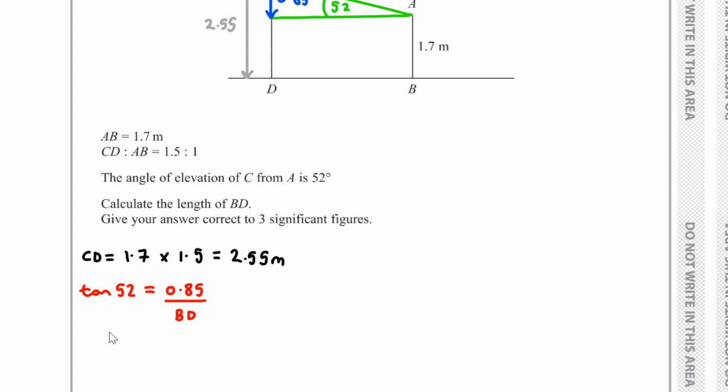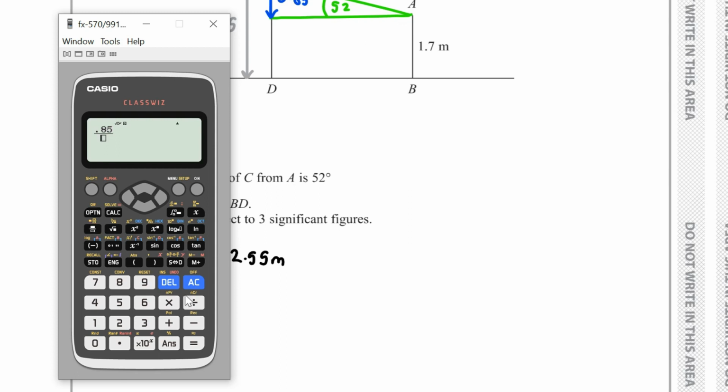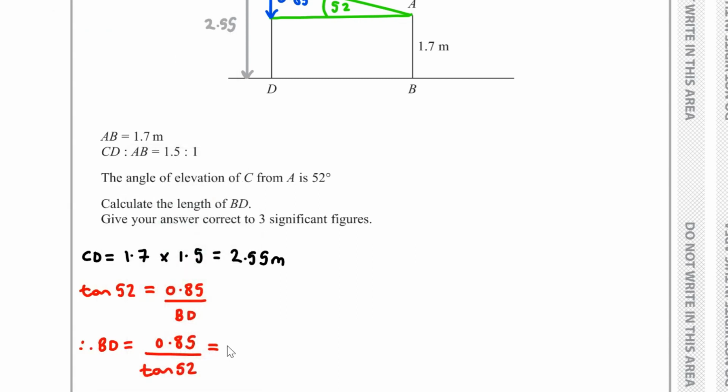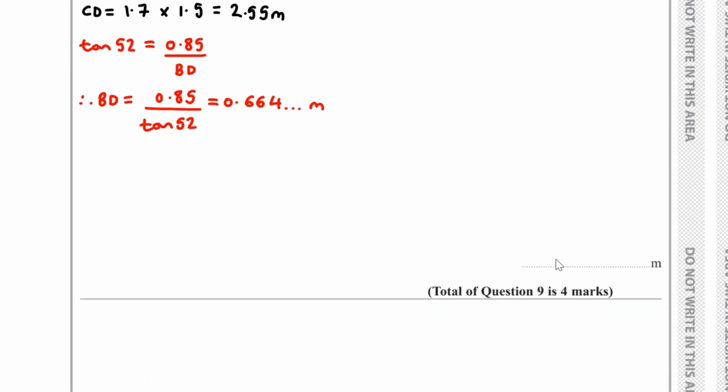So BD is equal to 0.85 over the tangent of 52. Let's work this out: 0.85 divided by tan 52 is 0.664, etc., meters. Therefore BD, to 3 significant figures, is 0.664.